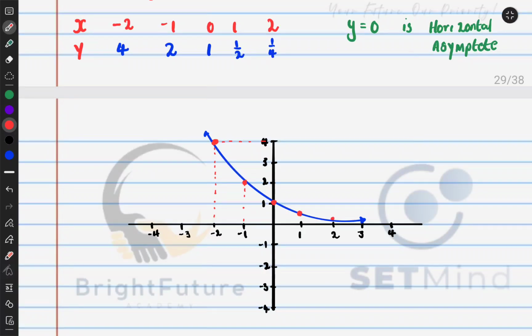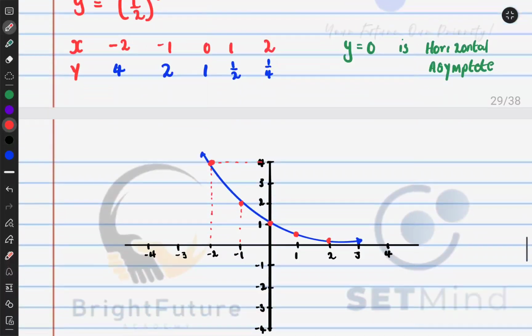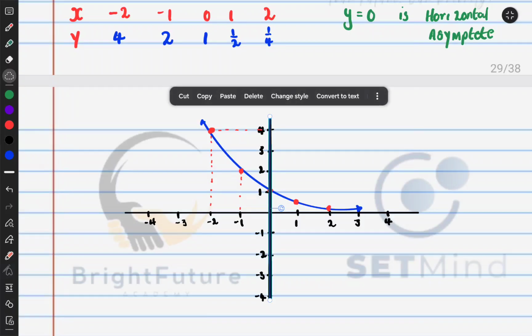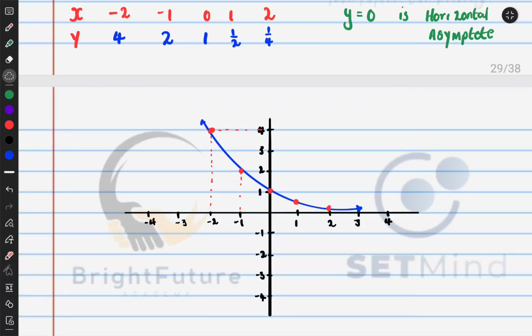And that is how the other mother graph of the exponential functions looks like. So this one, as you can see, is a decreasing function. As the values of x increase, the values of y become smaller and smaller.